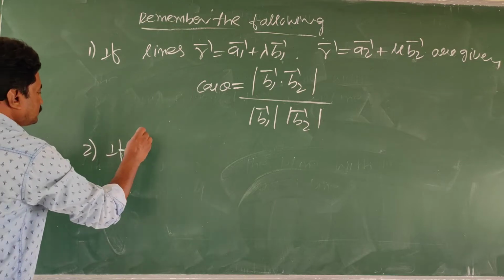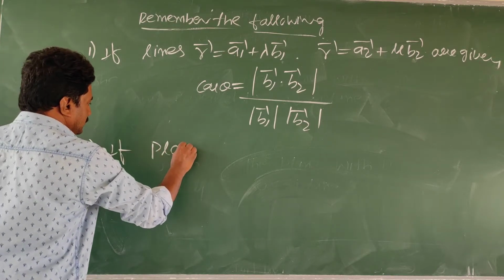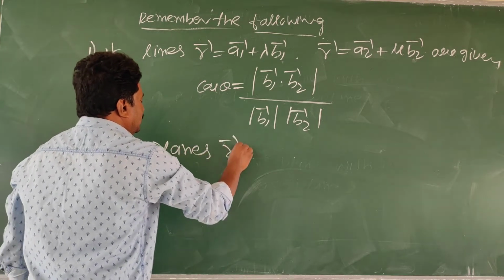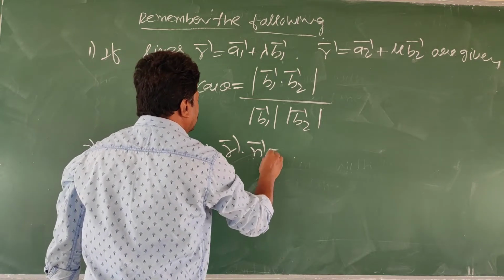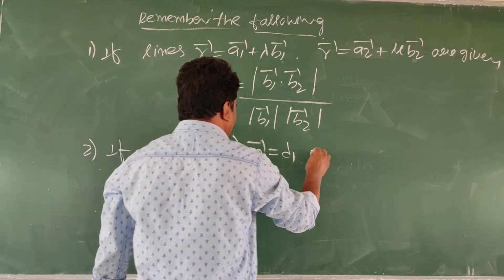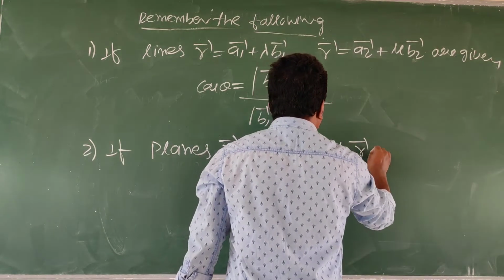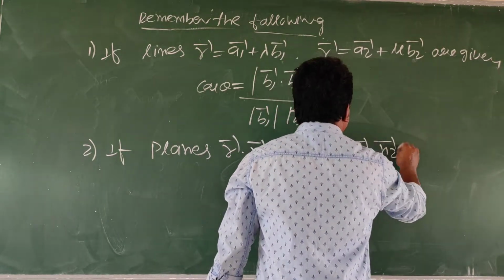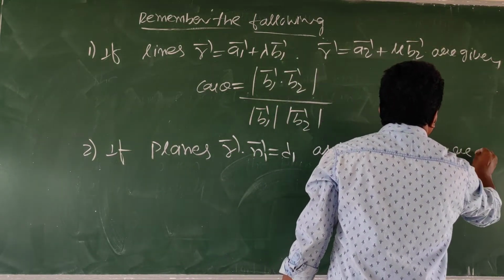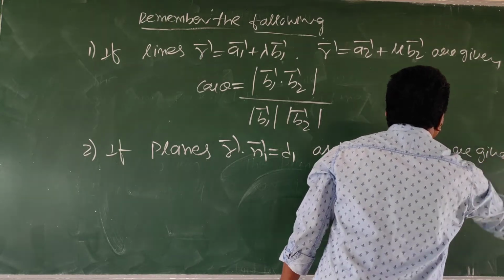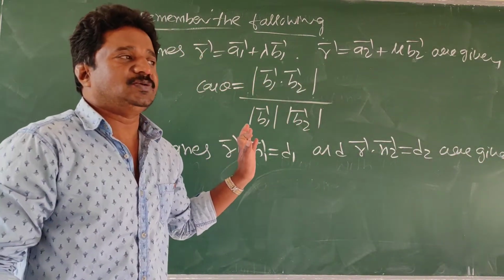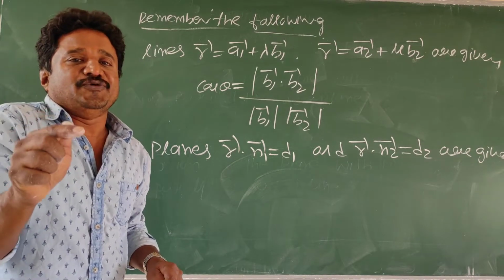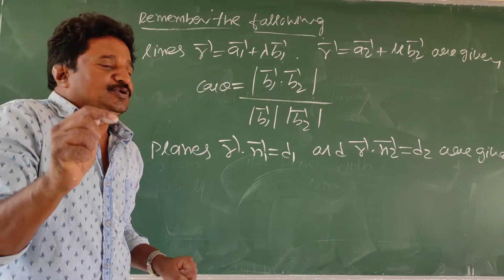If planes vector r dot vector n1 equals d1 and r dot n2 equals d2 are given, so here planes are given, students. Don't be confused.